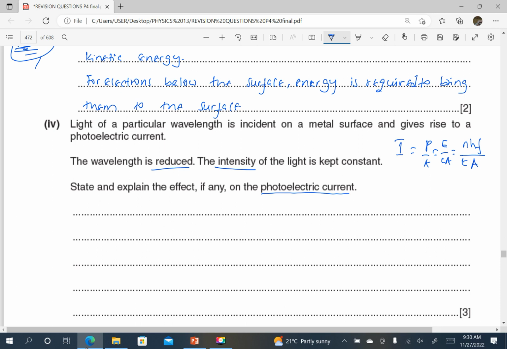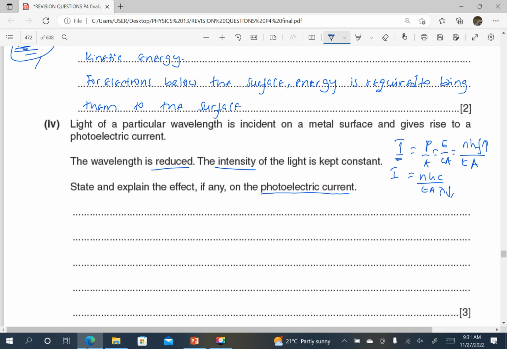Now, remember F is inversely proportional to the wavelength, so intensity is going to be equal to NHC over TAλ. The wavelength has been reduced. If the wavelength has reduced, it is equivalent to increasing the frequency. It means the frequency has been increased.